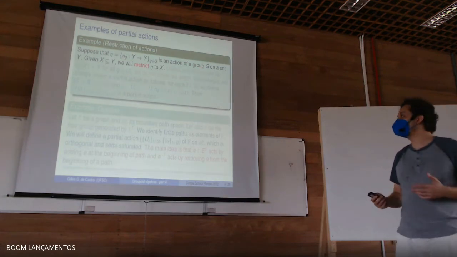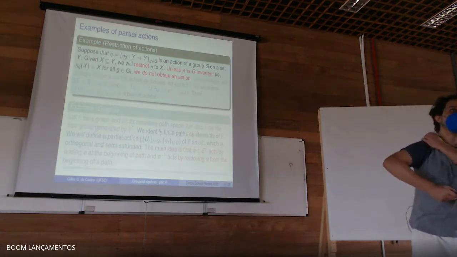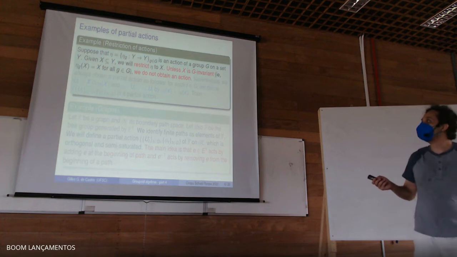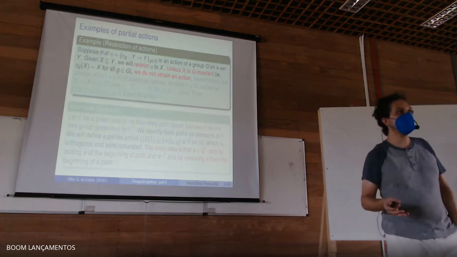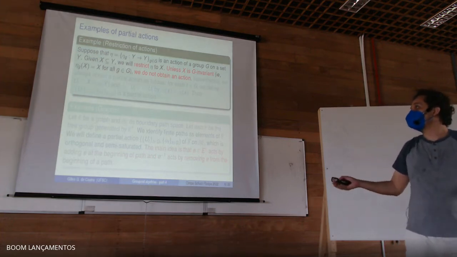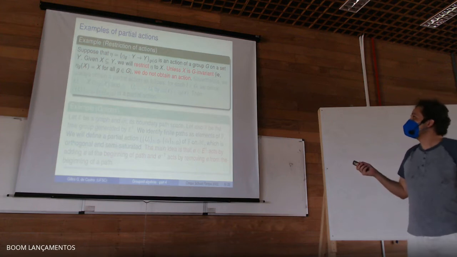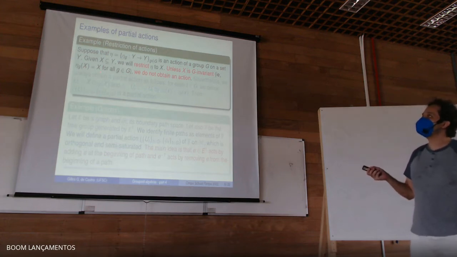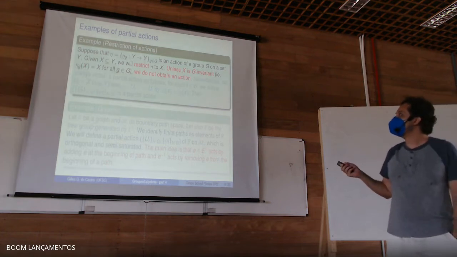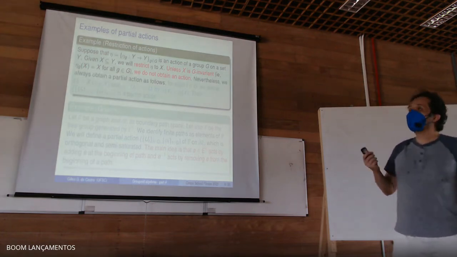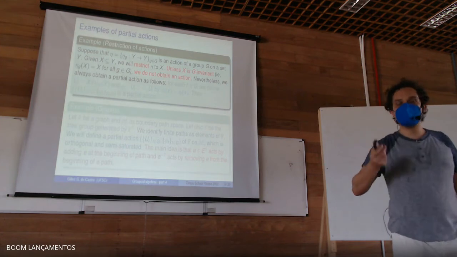The problem is that this restriction is not necessarily an action, because we don't know that when we apply eta_g to an element of X, it is again going to be an element of X. So we don't know if it's going to be an action unless we know that X is G-invariant, in the sense that this always holds. But since this is not a hypothesis, we do not necessarily obtain an action. But we can always obtain a partial action when we restrict this.